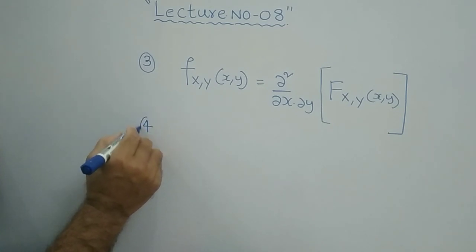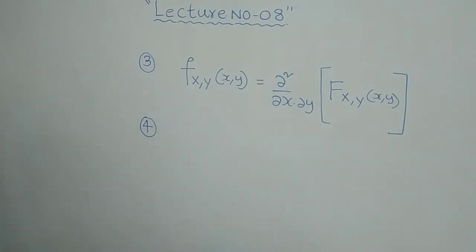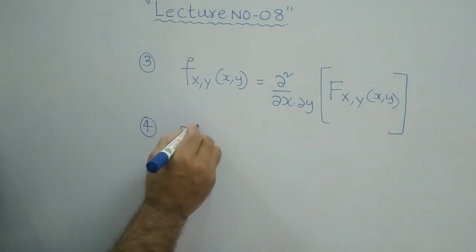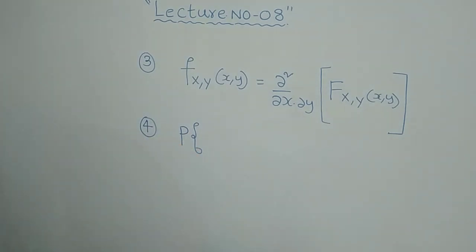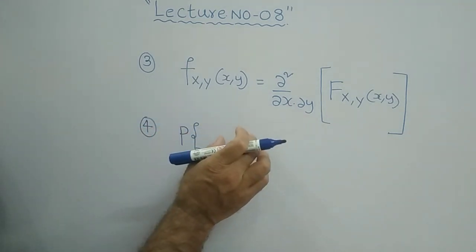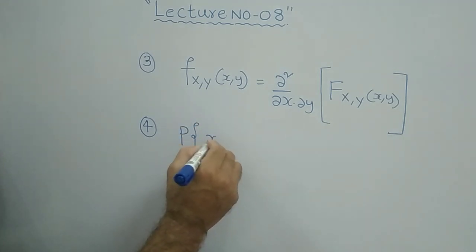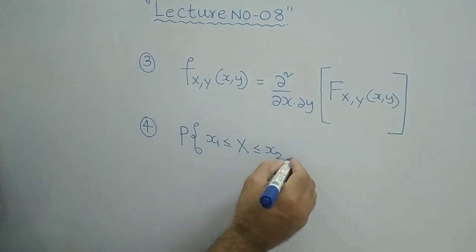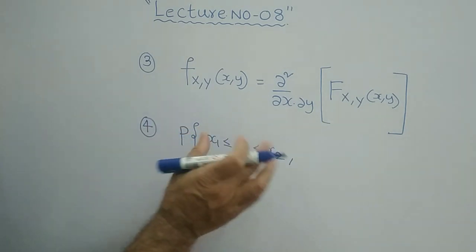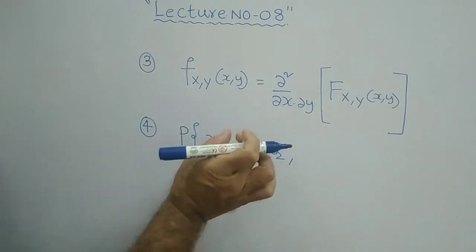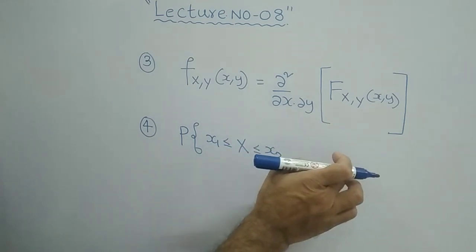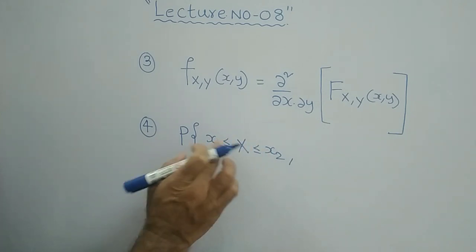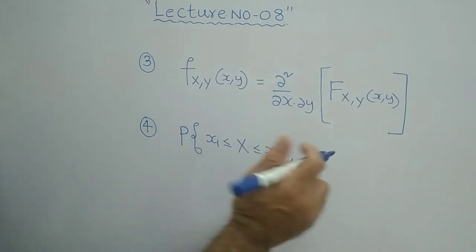And now coming to the fourth property actually. For example, if you take the probability of the joint event of x and y, where the random variable X is lying between x1 is less than or equal to capital X is less than or equal to small x2, understood? Means this is the probability of the joint event, the random variable X and random variable Y, and the random variable X has two limitations, x1 to x2.